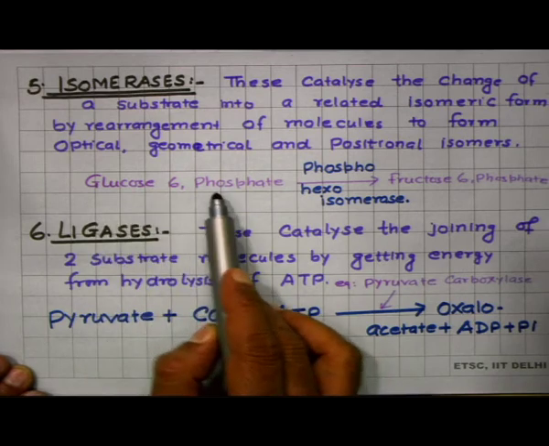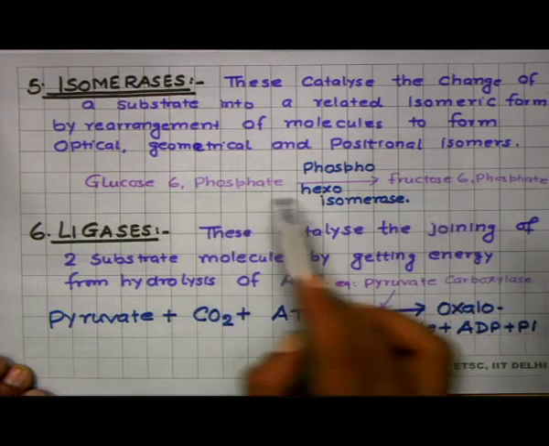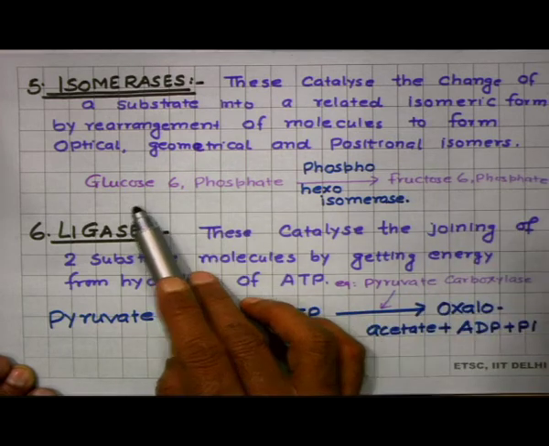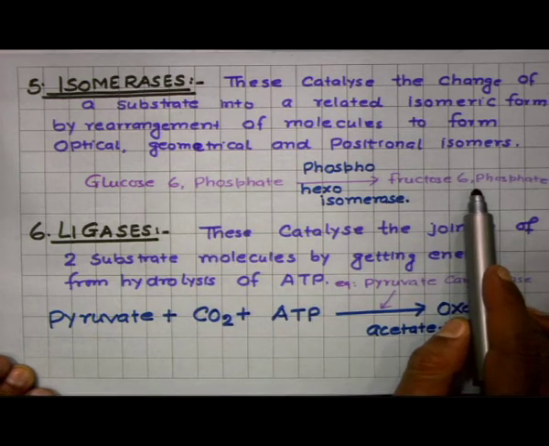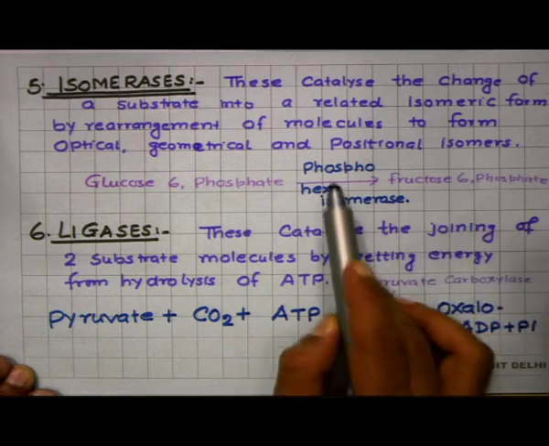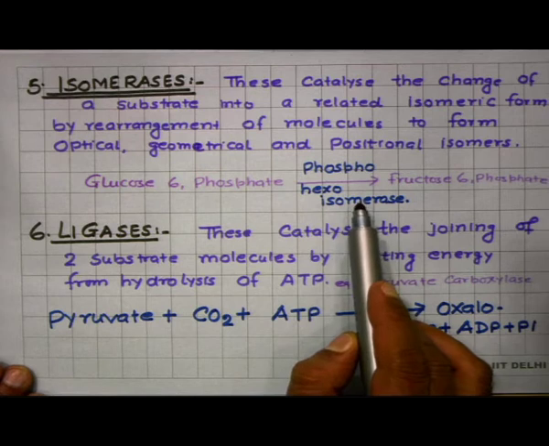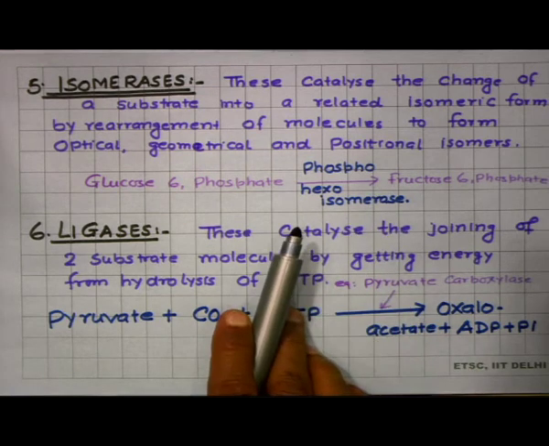Glucose 6 phosphate has the formula C6H12O6 P, and fructose 6 phosphate has the same formula, but glucose 6 phosphate is converted into fructose 6 phosphate with the help of isomerase enzyme, that is phosphohexose isomerase.